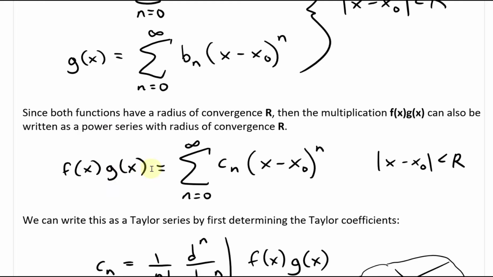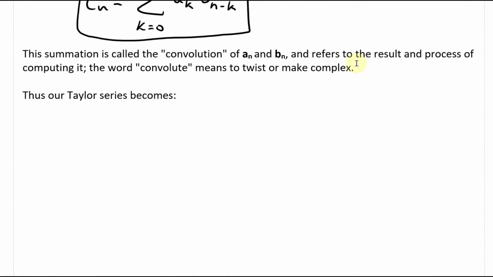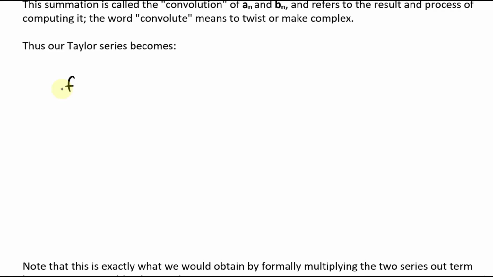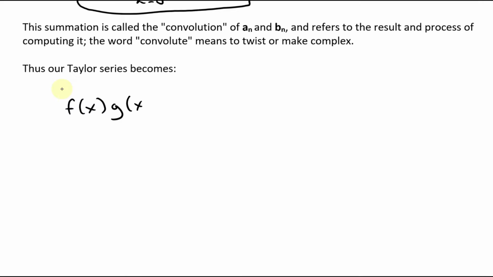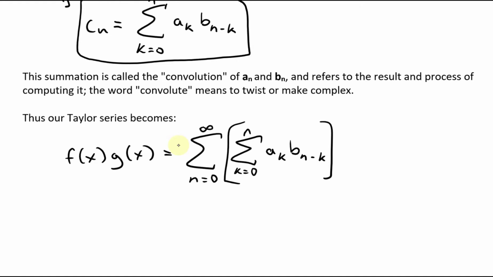So f of x times g of x equals the summation from n equals 0 to infinity of Cn times (x minus x naught) to the power of n, and the radius of convergence is |x minus x naught| less than R. Let's write this all down: f of x times g of x equals the summation from n equals 0 to infinity, and since this coefficient depends on the value of n, we have a second summation in brackets from k equals 0 up to n of a_k b_(n minus k), times (x minus x naught) to the power of n.